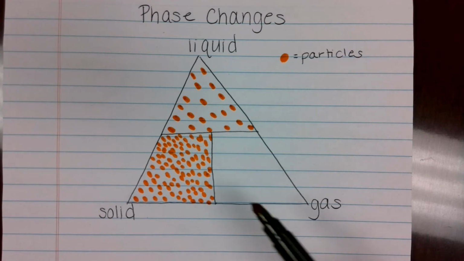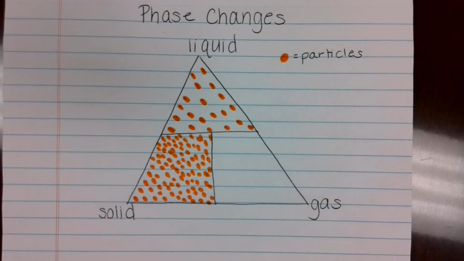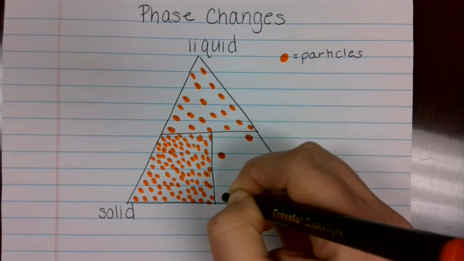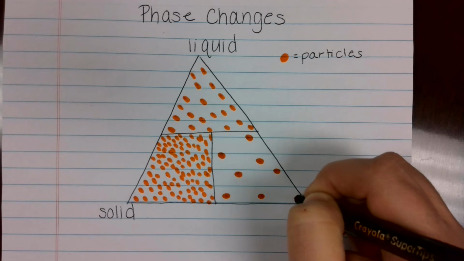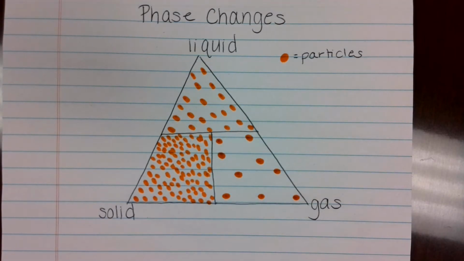So we've got a large amount of particles, but they're not nearly as packed in like our solids. Now, getting to the gas part, here is where the particles just want to space out. They are nowhere near each other. By no means is this a dense substance at all.